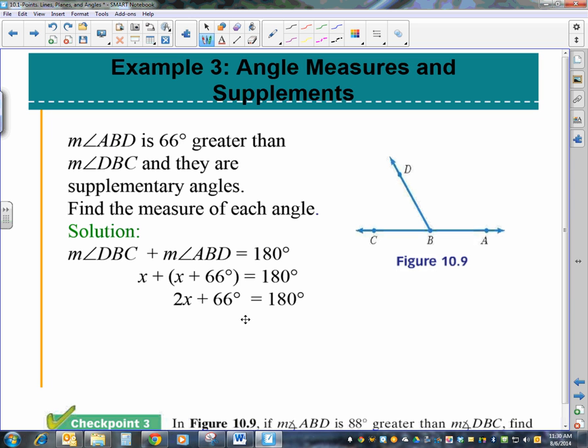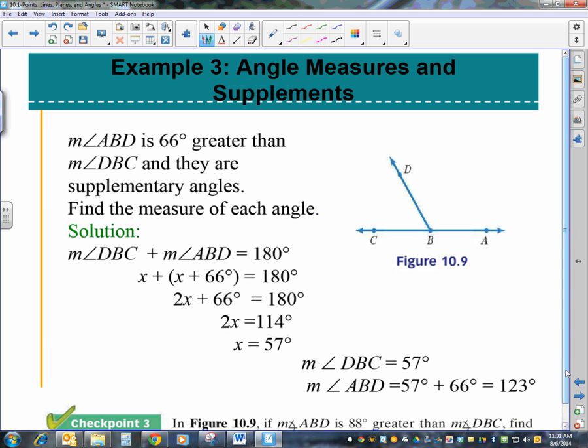We're going to subtract 66 from both sides. 2x equals 114. Then we divide both sides by 2, and x equals 57. So the measure of angle DBC is 57. And how do I find ABD? Because I have to find the measure of each angle. I put 57 plus 66, and that's going to give me 123 degrees.